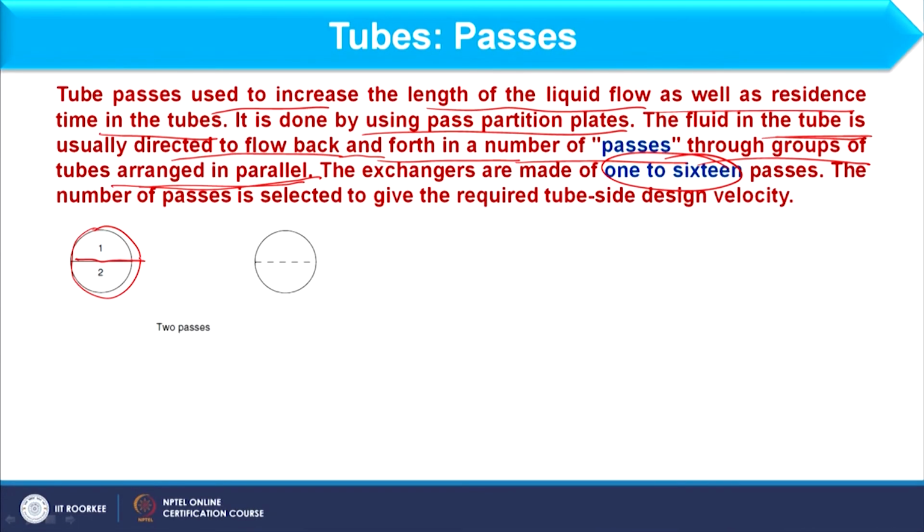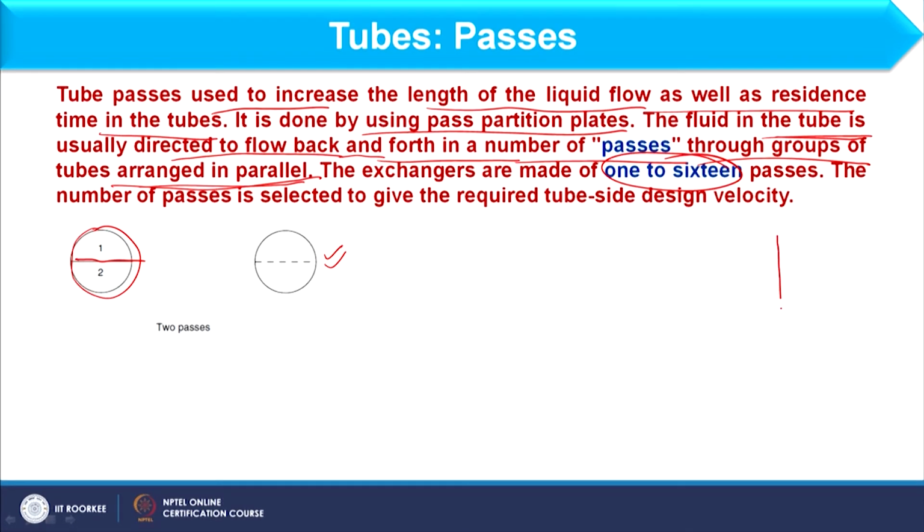Let us say I am having 2 passes. Okay. So if this is the complete cross section of the shell and we have divided it into 2 parts, the dotted line shows that on another side of the heat exchanger we have the pass.